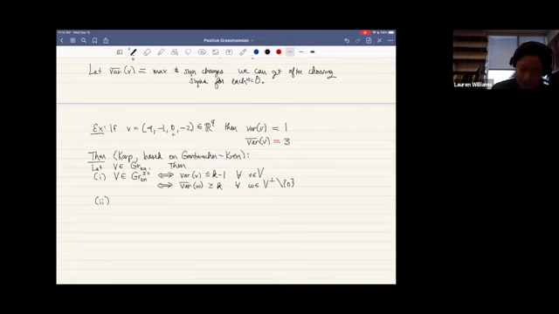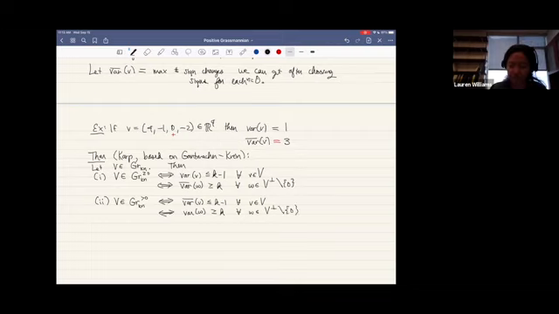The second statement is a characterization of the strictly positive part. V lies in the strictly positive part if and only if var bar of v is at most k minus 1 for all v in V, if and only if var of w is at least k for all vectors w in the orthogonal complement of V, again removing 0.